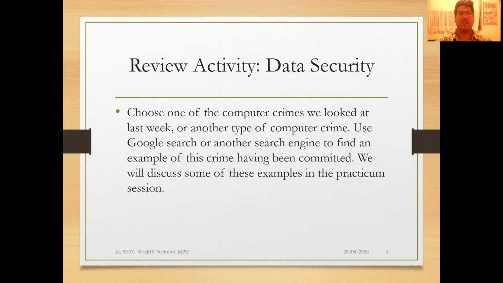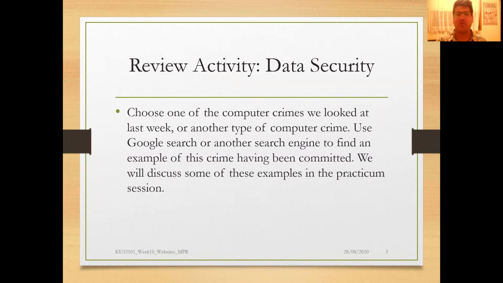So the review activity for today is for data security. I want you to choose one of the computer crimes we looked at last week, or another type of computer crime. You can use Google search or another search engine to find an example of this crime having been committed.